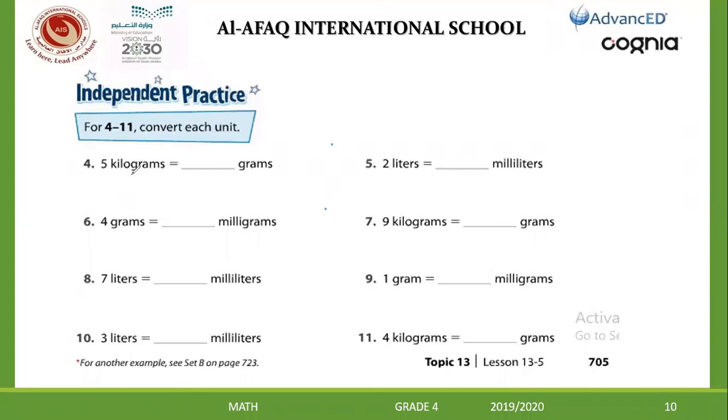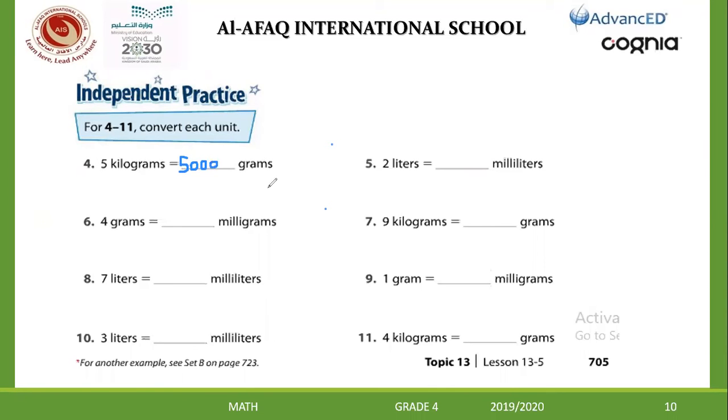If you have 5 kilograms and I want to convert this unit to grams, as we said, each 1 kilogram equals how many grams? Yes, of course, 1,000. What about 5 kilogram? If you repeat this 1,000 5 times, you will get what? Yeah, 5,000 grams.